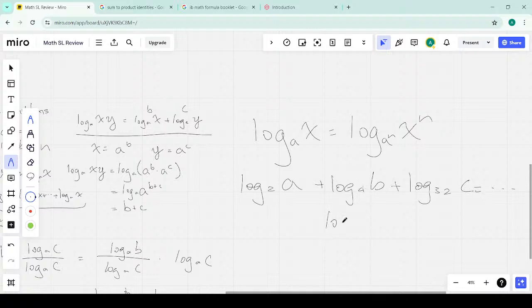So that would be log to b to the 1/2. This would be log to c to the 1/5, right? And then since they're logs, you can drop the exponents to the front, so that would be just 1/2 log 2 b and 1/5 log 2 c. There are obviously other ways to get the same results, but this is what I find an easier and more intuitive way of simplifying logarithms.